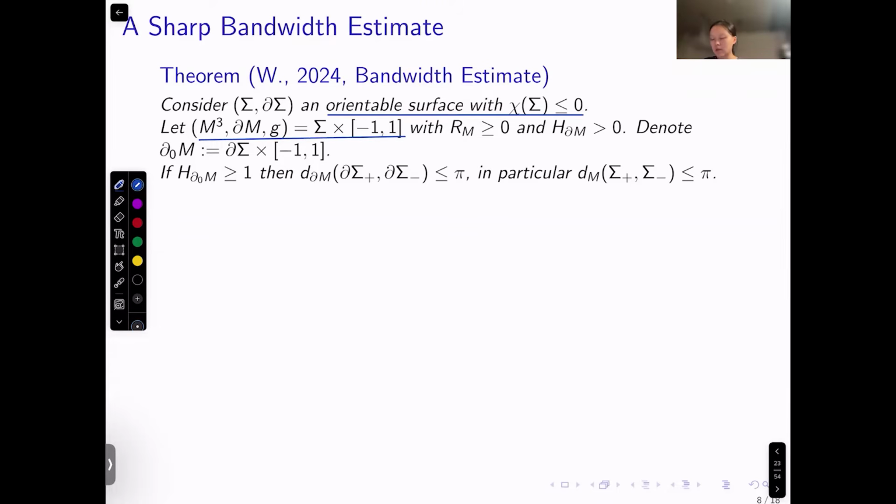A classic example is a part of a solid torus. If you slice the solid torus horizontally, you get an annulus. Let me now draw an annulus and draw a band over the annulus.